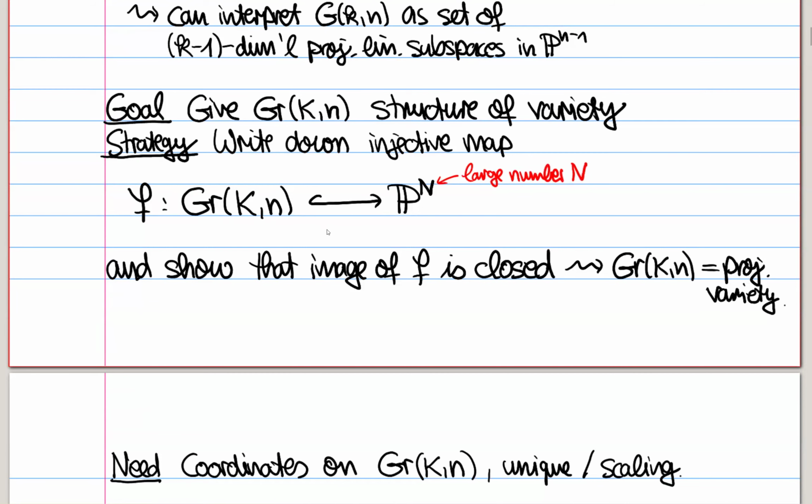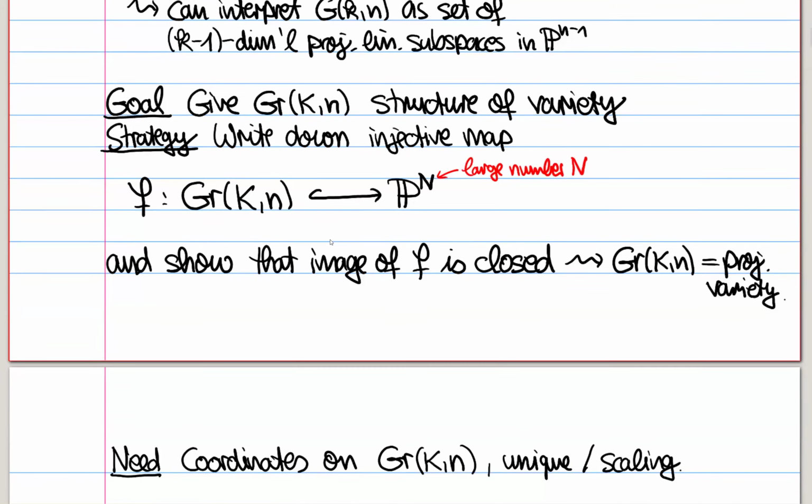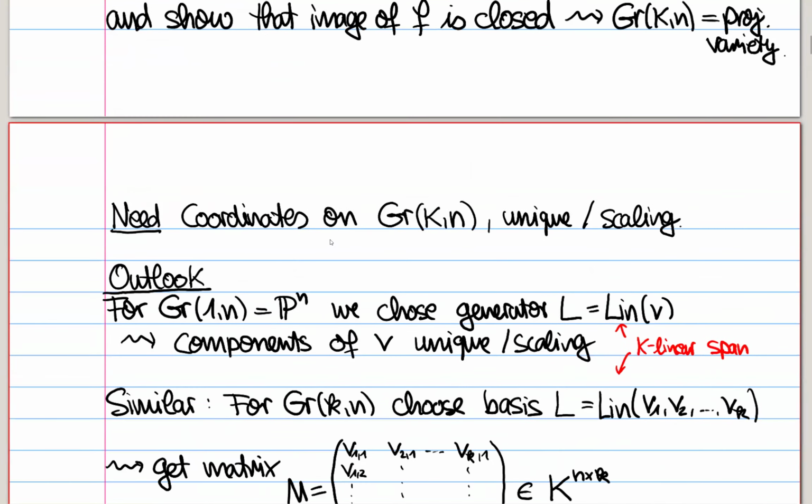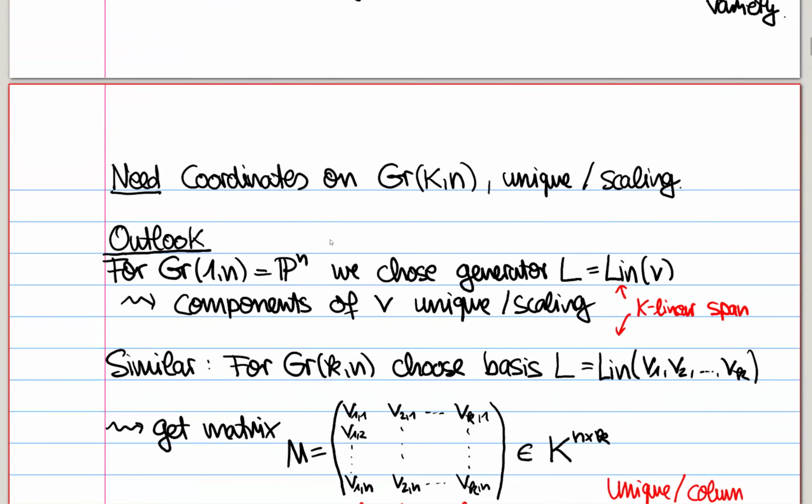So if we wanted to have such a map, we would certainly need to have some coordinates on the Grassmannian, which are unique up to scaling. And this outlook then says, well, how did we do this the last time? When we had the projective space of one-dimensional subspaces, then what we did to get coordinates is we just chose a generator. We had the linear space, and then this had a single generator, not necessarily unique, but the generator is unique up to scaling.